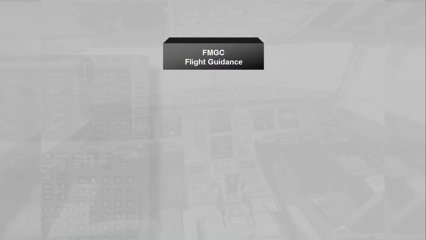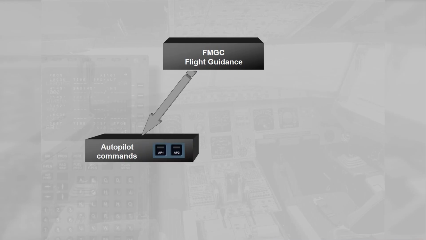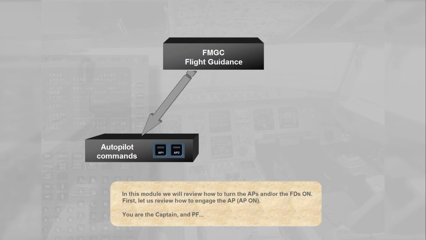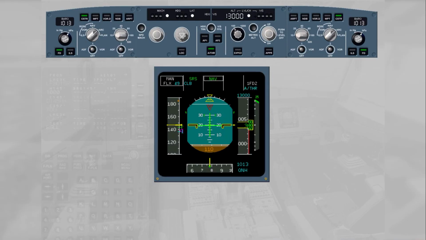In this module, we will review how to turn the autopilots and/or the FDs on. First, let us review how to engage the autopilot. Autopilot on. You are the captain and pilot flying. The autopilot is an assistance to the pilot to fly the aircraft.